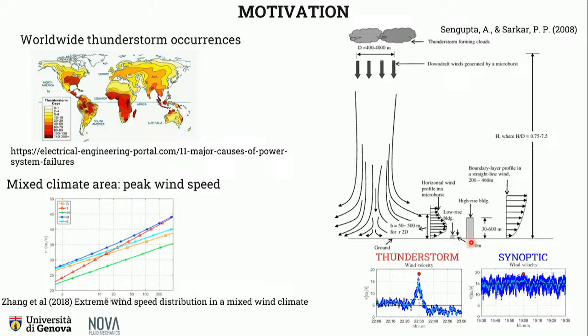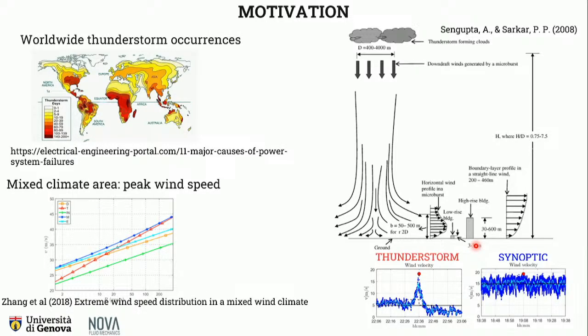Actually, the codes normally adopt synoptic wind models for defining wind actions on buildings, which are characterized by a mean wind profile with a velocity which increases with the height above the ground, and stationary characteristics. So normally high-rise buildings do not suffer damage from thunderstorm downbursts.